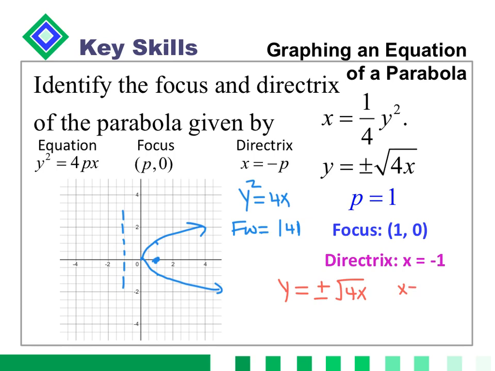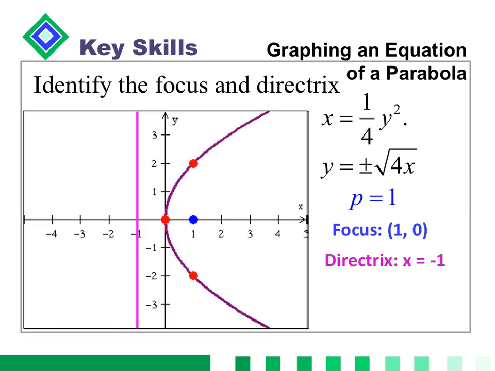And then you say when x is equal to 1, you plug 1 into this equation, you get plus or minus the square root of 4, which is equal to plus or minus 2. And see, that's the same thing I got there, and that's a parabola, just like we got there. Okay, and when you use technology to graph it, that's how it's going to look.